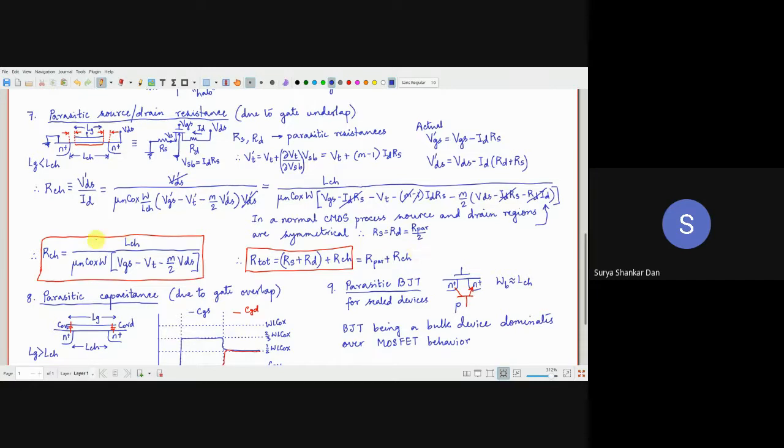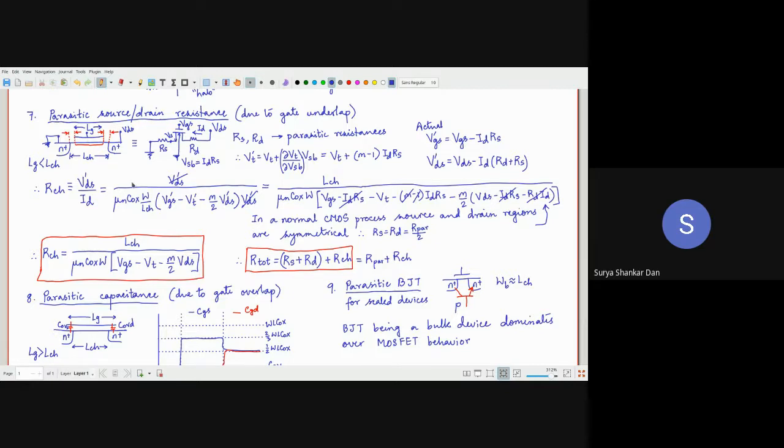So as far as the channel resistance is concerned, what we understand is as long as the underlap remains the same on both the ends, you are going to end up in the same channel resistance. So channel resistance is independent of underlap, even though you will think that it is supposed to change. No. Very good.